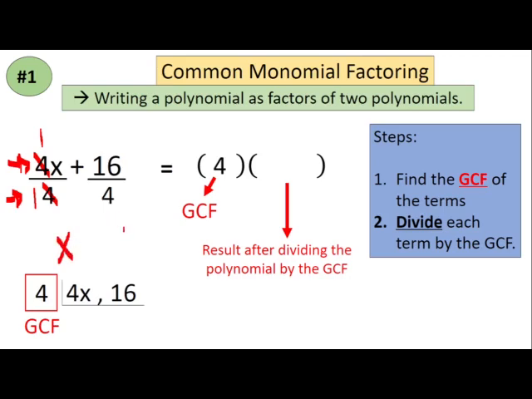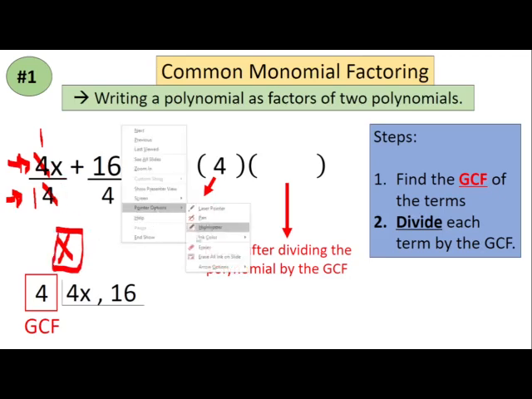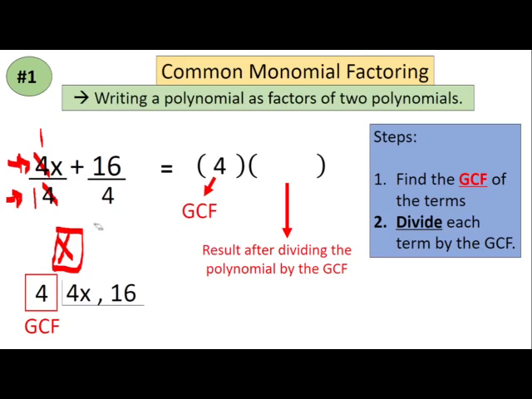Pero ano ba talaga yung idea behind bakit magiging x na lang yung matitira dito kay 4x divided by 4? Well, gaya ng sinabi ko, diba may matitirang 1 dyan? I-write natin kung gusto ninyo. I just wanna show you. May matitirang 1 sa itaas, ay di magiging 1x yan over 1.